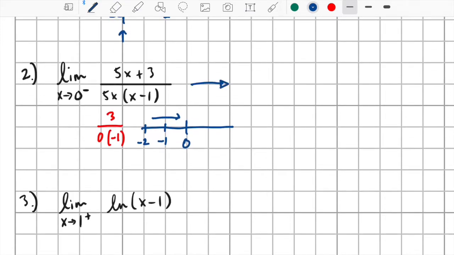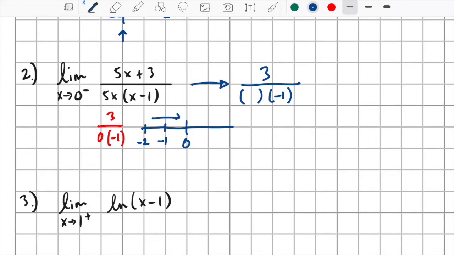I know that in my numerator we're going to get 3 as x approaches 0. And I know that in the denominator it's going to be 0. But we want to know that 5 times 0, in reality, what is it going to be, positive or negative as we approach 0 from the left? We know we have a -1 there.